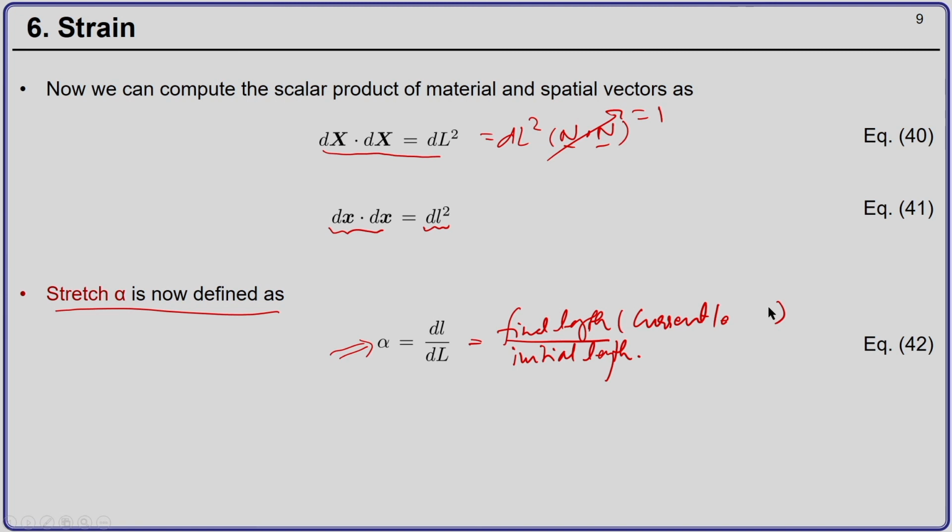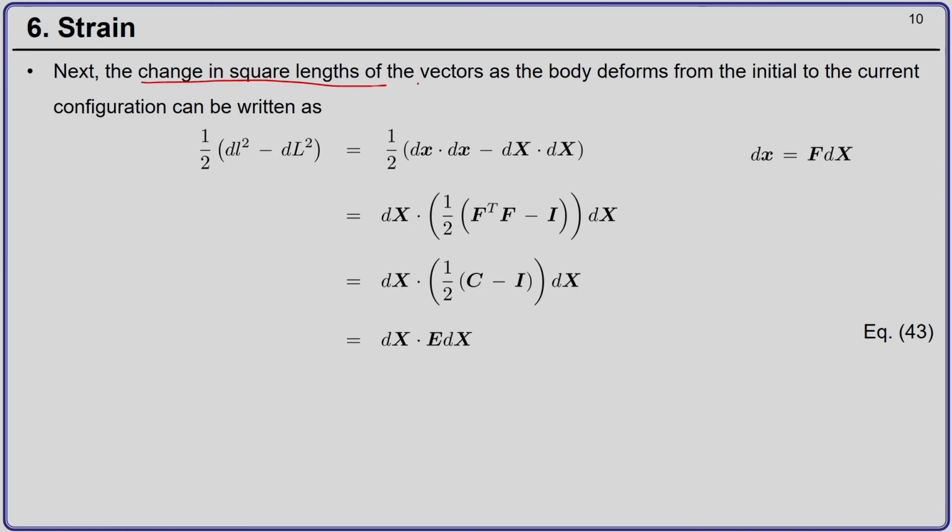So, current length divided by initial length. That is the definition of stretch. Whenever I use the word stretch, you can remember that it is the ratio of current length to initial length.